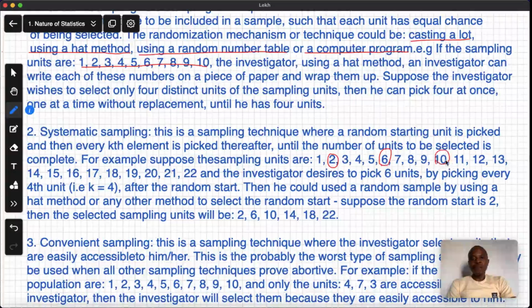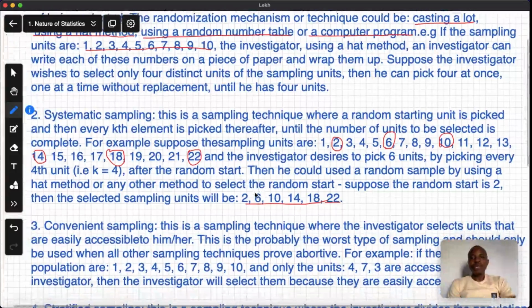Add 4 to 10, that should give us 14. Add 4 to 14, that should give us 18. Add 4 to 18, that should give us 22. So that means that the sample will be 2, 6, 10, 14, 18, 22, which you can see in red above. All right, so those are the units that he will select in the sample.